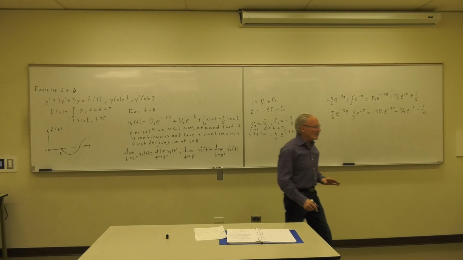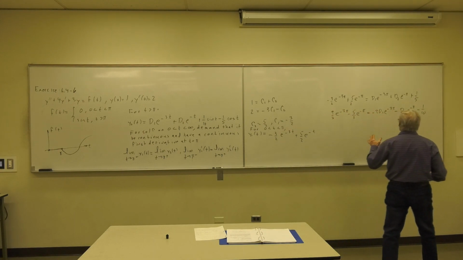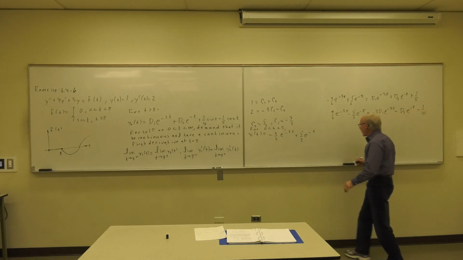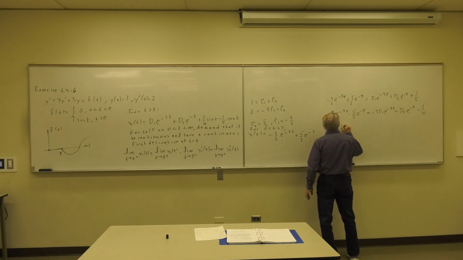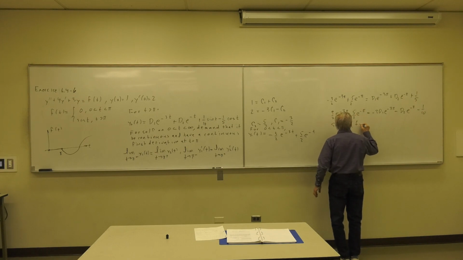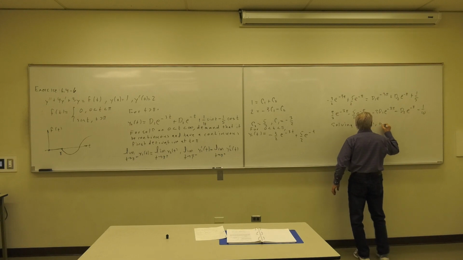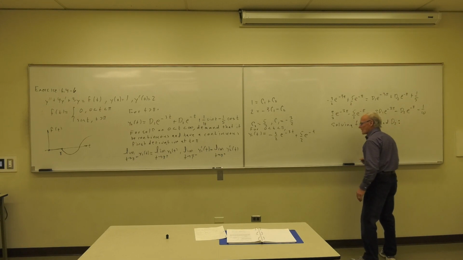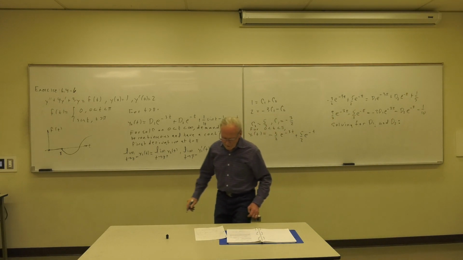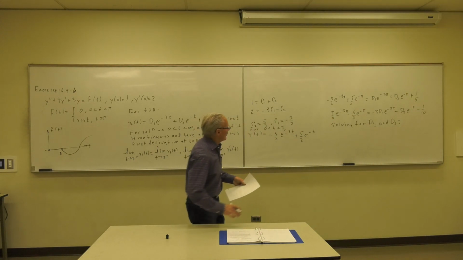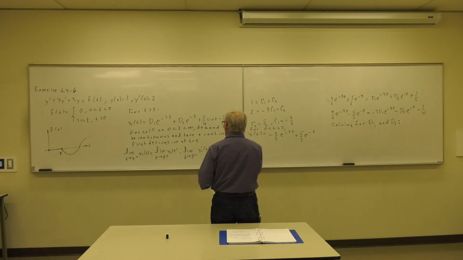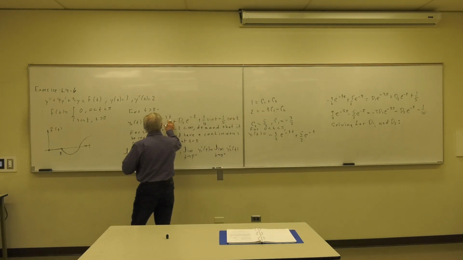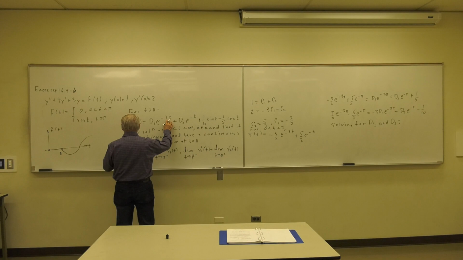So what do we now have? Two equations in d1 and d2. Solving for d1 and d2, I'm going to tell you what it is, but I'm not going to solve those. Let's make sure I got the right one in the right place. d1 is that which sits in front of e to the minus 3t.